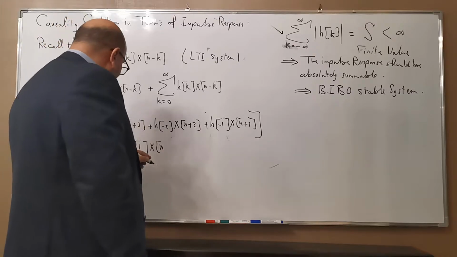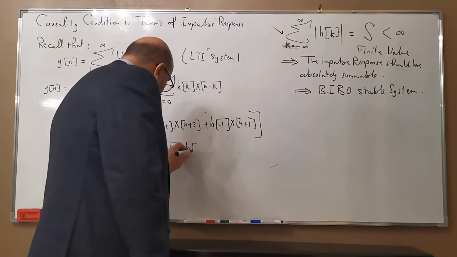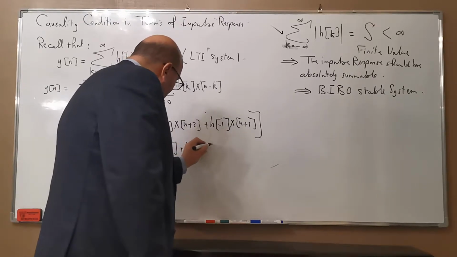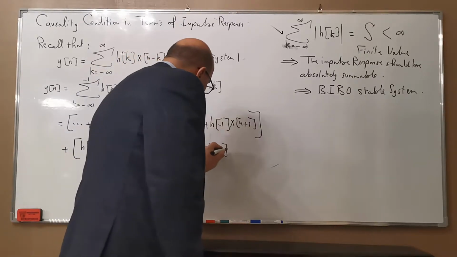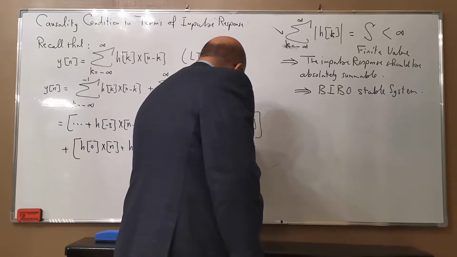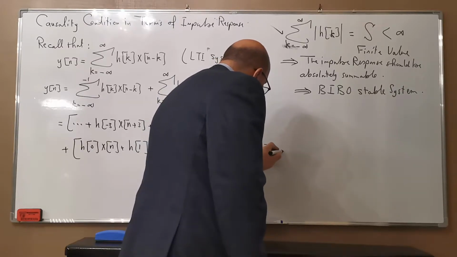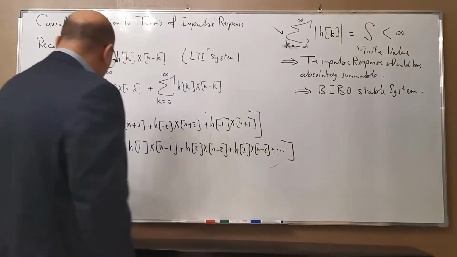I'm sorry about this. Then this one, h of 1, x of n minus 1, plus h of 2, x of n minus 2, plus h of 3, x of n minus 3, and it goes up to infinity.